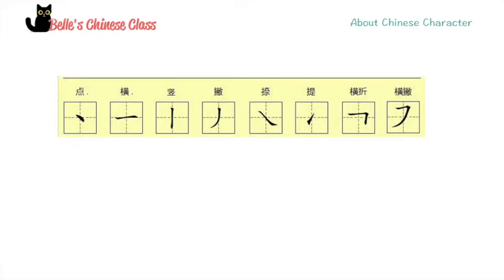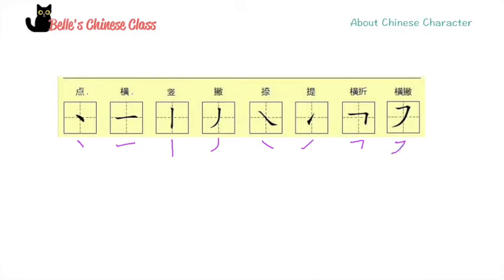点 is a dot, and 横 is a horizontal line. 竖 is a vertical line. 撇 is a vertical line, but its end deviates to the left side. 捺 is a curved slant. 提 is a lift, goes from bottom to top. 横折 is a horizontal line with an angular bend.